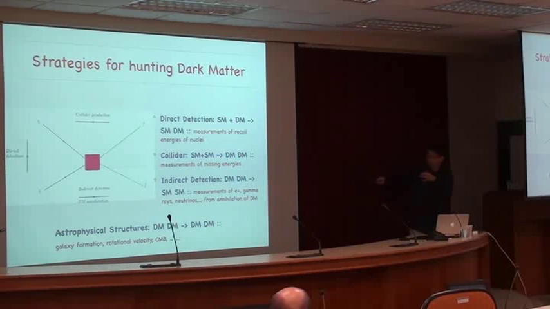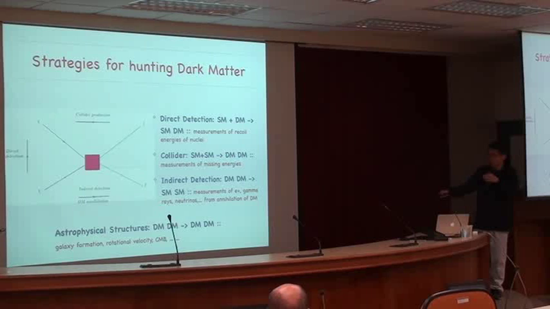The experiment will measure the missing energy and compare with the standard model predictions. Another type is the indirect detection. The dark matter annihilates into standard model particles, which eventually go into positrons, gamma rays, neutrinos, and we have been building detectors to see all these kinds of exotic particles. That is another type of test for dark matter.